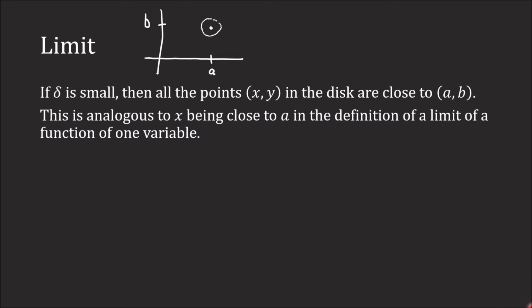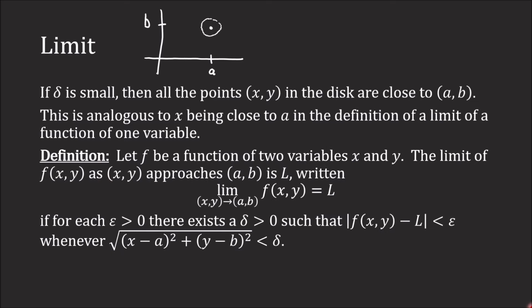And so we can now define a limit of two variables. Let f be a function of two variables x and y. The limit of f(x, y) as (x, y) approaches (a, b) is L, which is written this way. You should notice this is very similar notation. In fact, it's the exact same notation as single variable limits, except now it's an ordered pair approaching an ordered pair, and then a multivariate function.